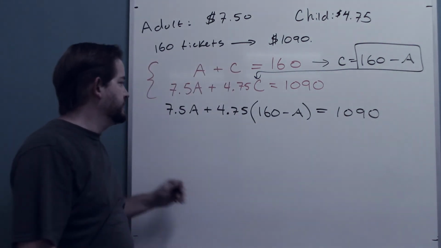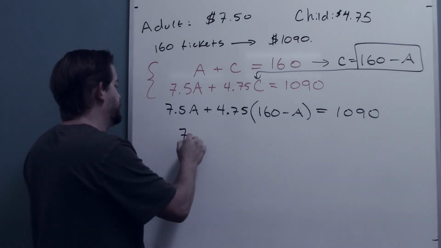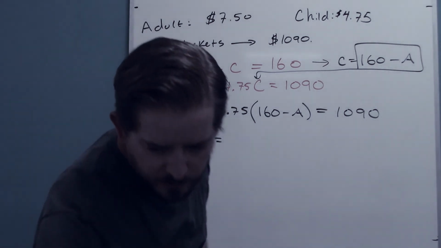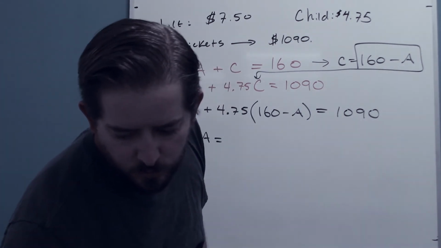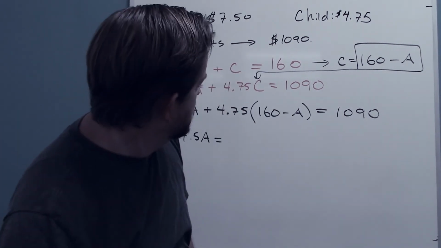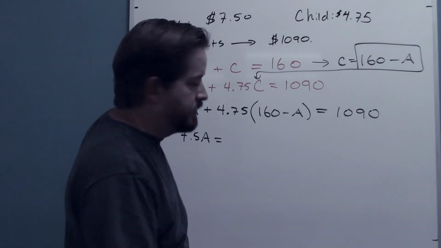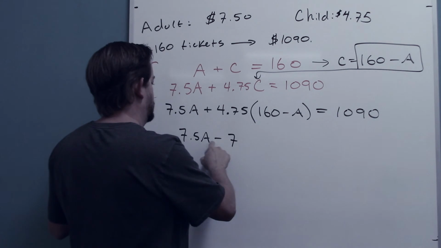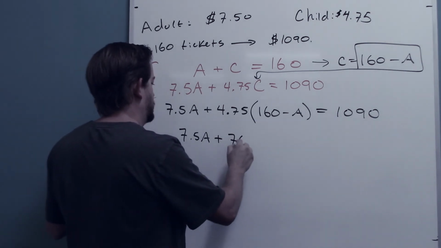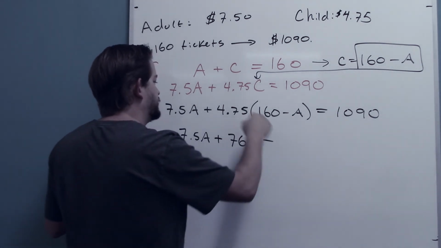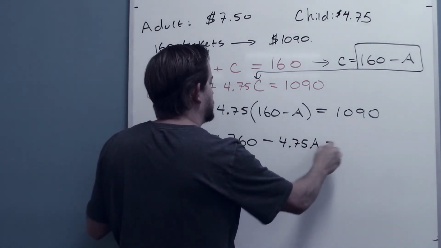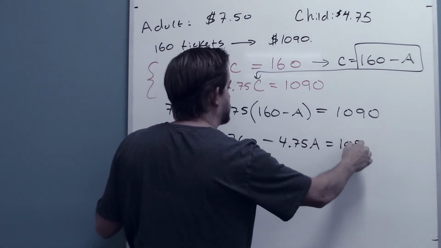Distribute this 4.75, that gives me 7.5A plus, I don't know this one, I'm not gonna try, 4.75 times 160, 760. Minus 4.75A is equal to 1090.